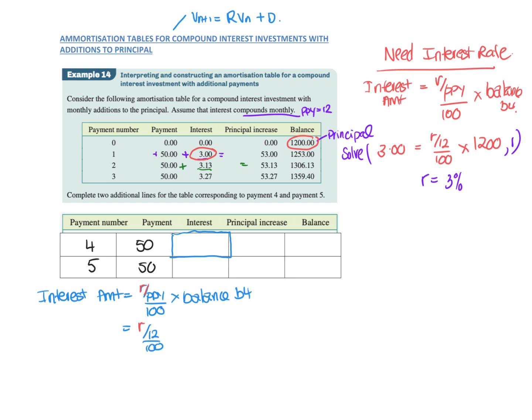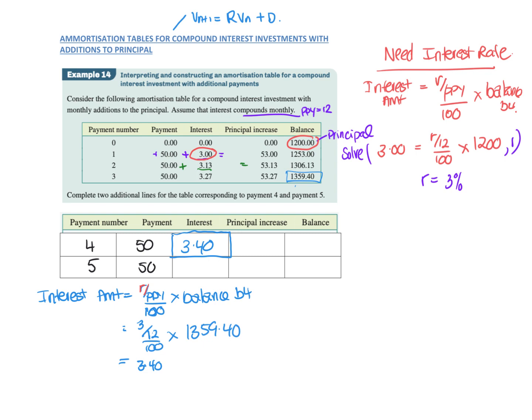I can pop that down here because I'm trying to find month 4. So I've got 3% divided by 12 times the balance before. The balance before for the 4th payment was 1359.40. So I end up with $3.40. Does that look good? It does, doesn't it?